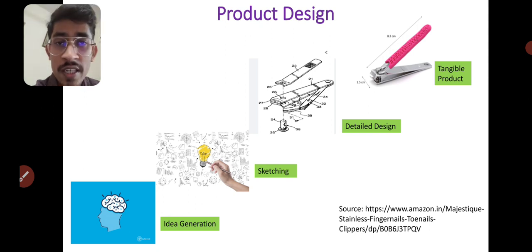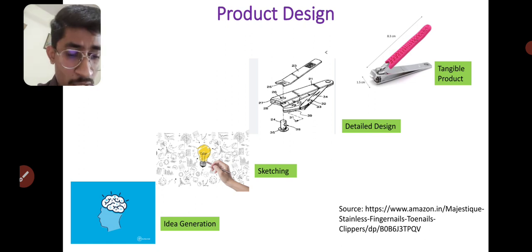Humidity is the problem associated with us: how to control humidity inside a room if that is going to be a problem. And the simple product design example is the nail cutter: how you are going to think about the design of nail cutters.